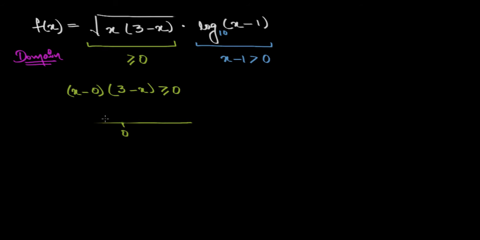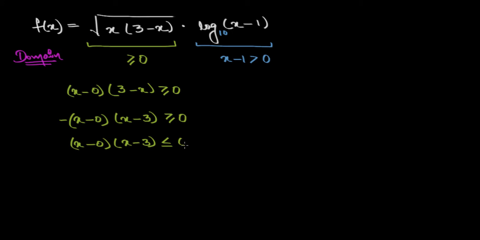In order to make it simpler, we can take out a negative, and this becomes x minus 3 greater than or equal to 0. Now if I multiply both sides by a negative, the sign gets reversed, so this becomes x minus 0 times x minus 3 less than or equal to 0. So this is what I actually need.